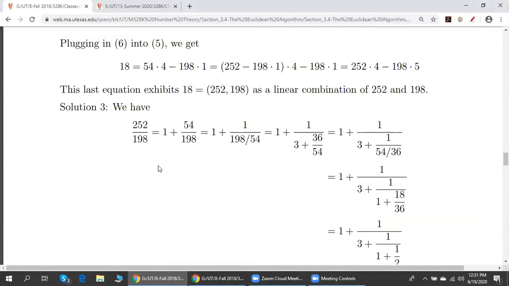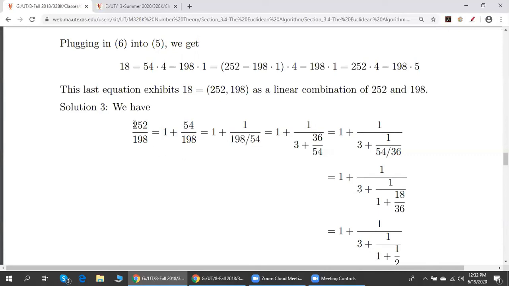Let us consider the following fraction. 252 divided by 198. Step 1. Rewrite this fraction as an integer plus the corresponding proper fraction.